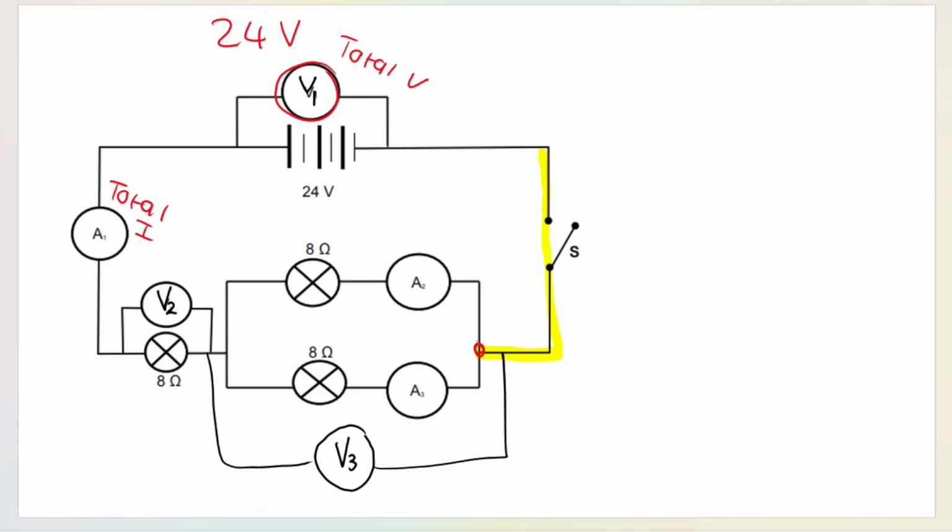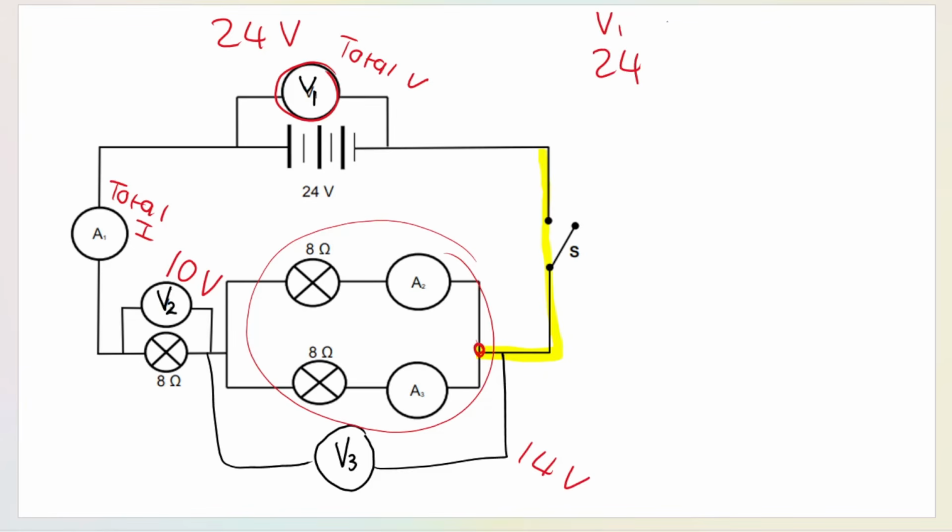Then if V2 is, let's pretend, 10 volts, that means that the parallel combination will get the rest. So it will get 14 volts. I hope that makes sense, because the total voltage, V1, is split between V2 and V3. So V2 is 10 volts, V3 is 14. 14 plus 10 gets you 24. Remember, I just made up these amounts.